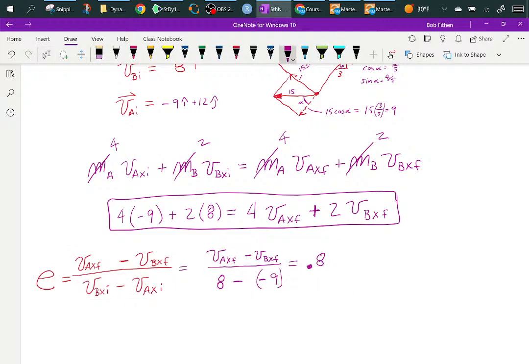So at this point, I have an equation here and another equation here. I'm just going to carry things the way they are. Well, no, I'll figure out a couple things along the way.